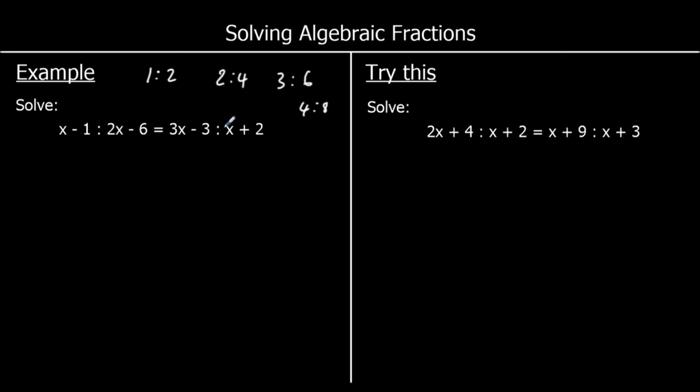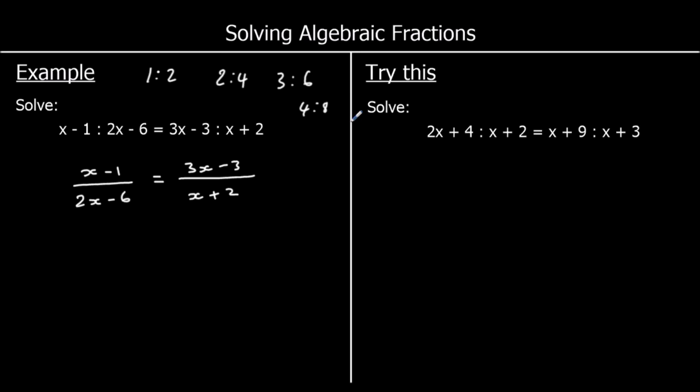So I can write x minus 1 over 2x minus 6 is equal to 3x minus 3 over x plus 2. In the same way that 1 over 2 is the same as 2 over 4, or 3 over 6, or 4 over 8.